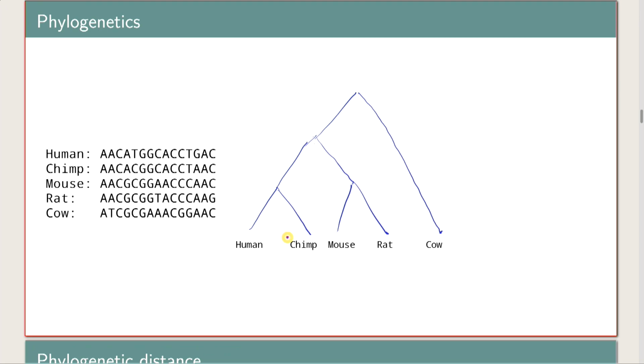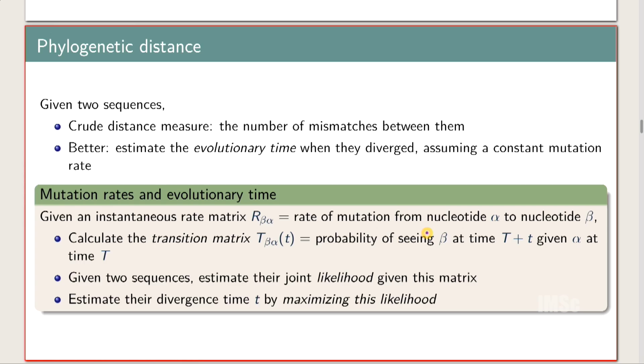So how do you estimate the evolutionary time, the geological time, which would be this axis, from the number of mutations? For that, you need an evolutionary model. And then how do you evaluate the quality of your tree?